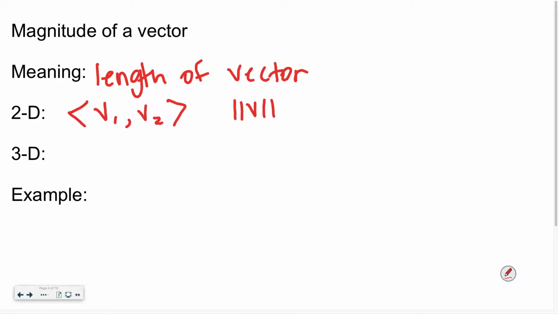That would be the angle. So this would make a right triangle, right? Component horizontal, component vertical. So we're talking about the Pythagorean theorem. So the square root of v1 squared plus v2 squared would be solved for the magnitude.